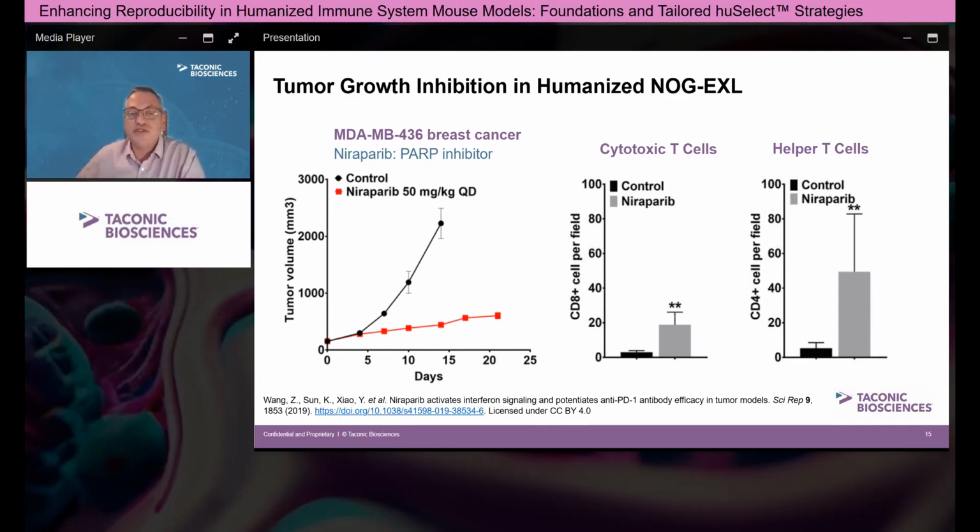And here you can see a nice tumor growth inhibition induced by niraparib that is associated with an increase in human cytotoxic T cells as well as T helper cells in this particular model. Again, demonstrating how these human cells are interacting with that tumor in response to therapy.